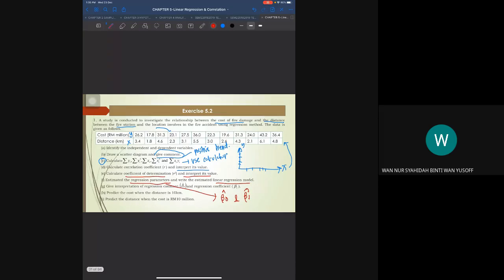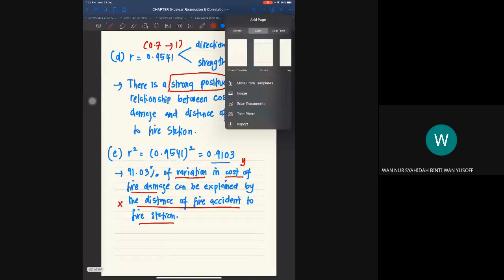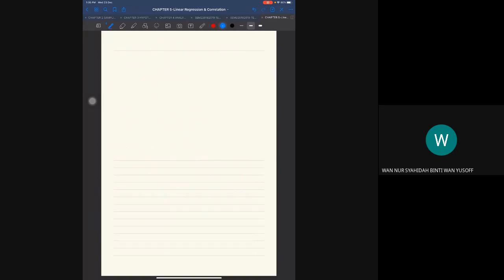The calculation I leave to you; you can watch the video on how we calculate. I think the most important thing here is how we interpret the values, because the calculation is just simple.